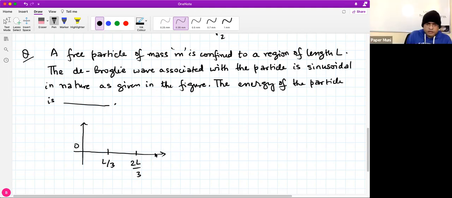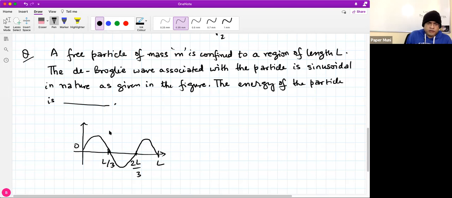So this is L, and this passes through these points.